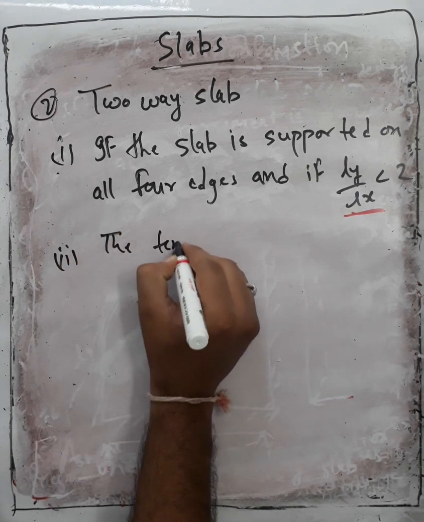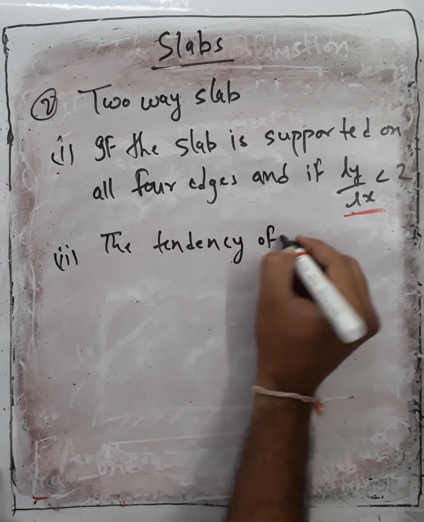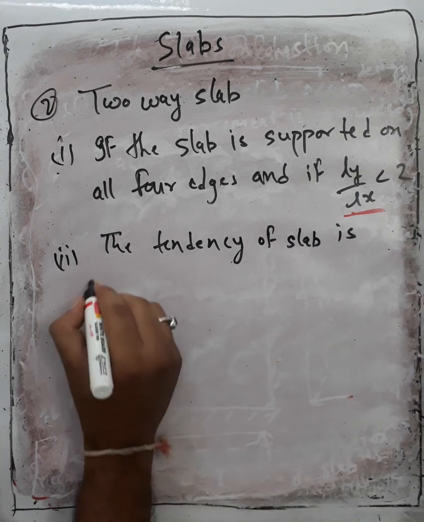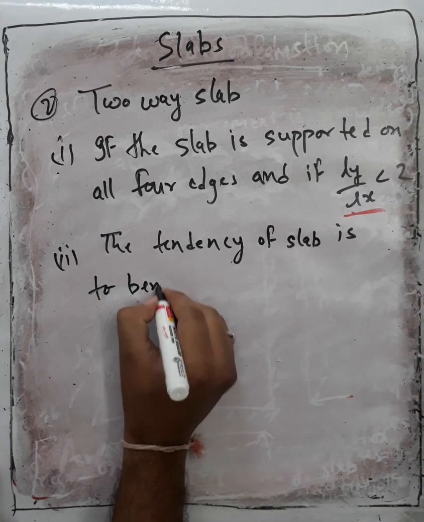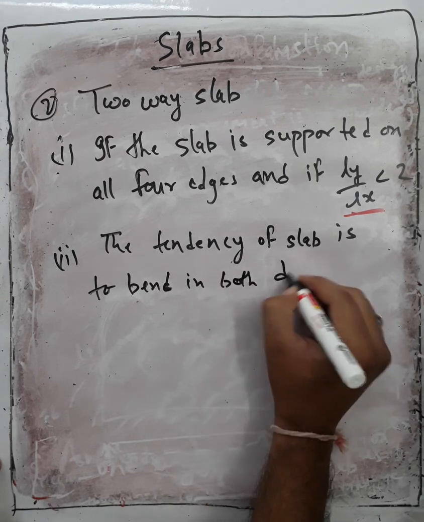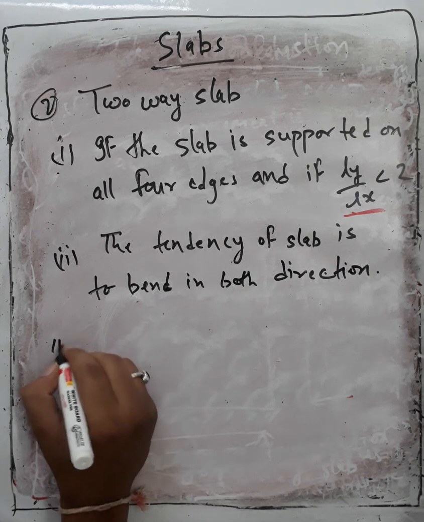The tendency of the slab to bend in both directions is known as two-way spanning.